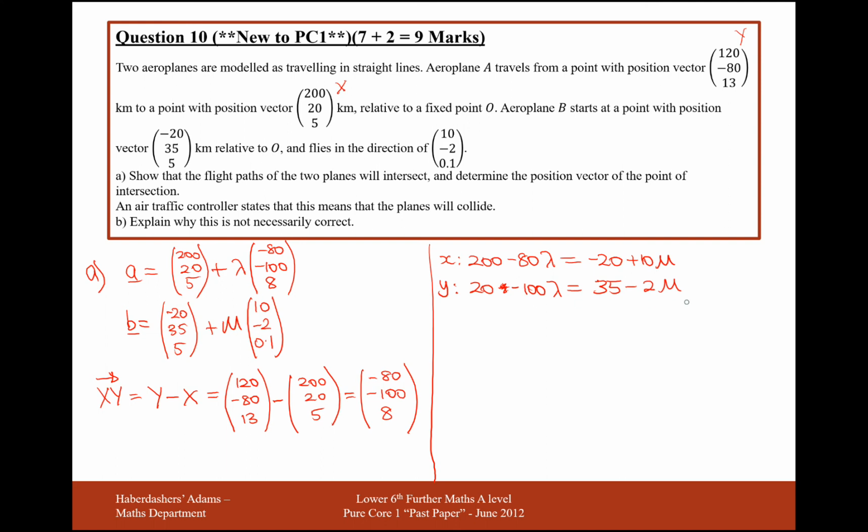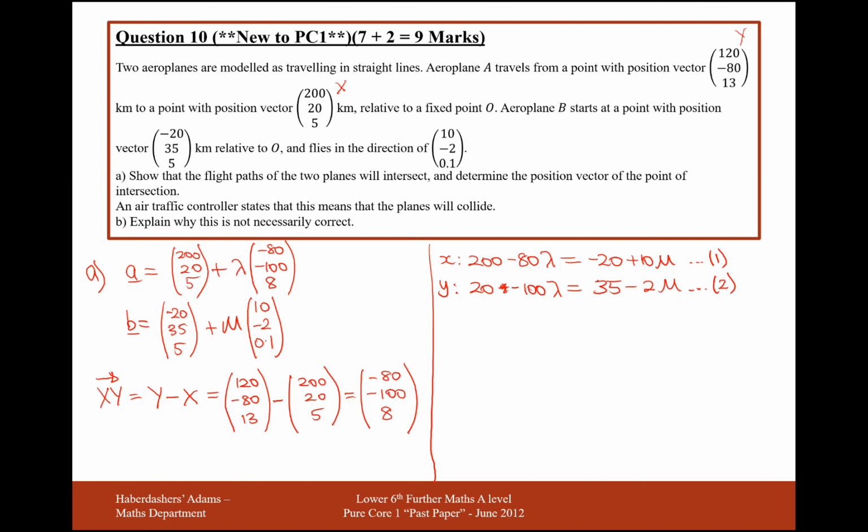I don't need my z equation, I'll check that answer at the end, but what I'm going to have here are two simultaneous equations, so I've now just got to solve these simultaneous equations. I'm going to use this 10 and minus 2 at the end here to eliminate mu. So I'll keep this equation the same, we'll call that equation 1, and times this equation by 5 and add it onto equation 1.